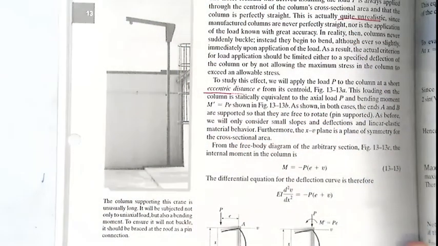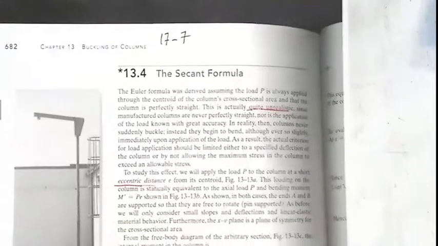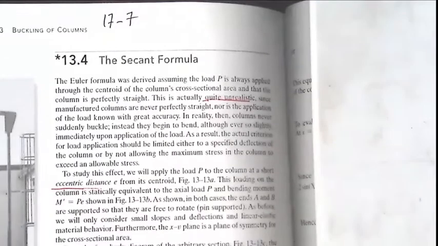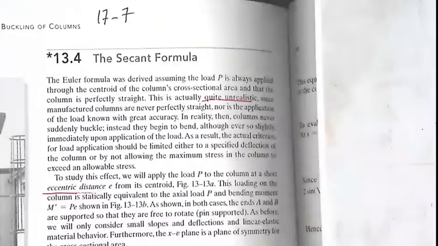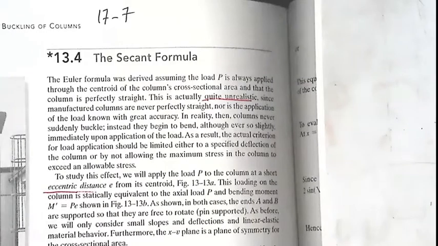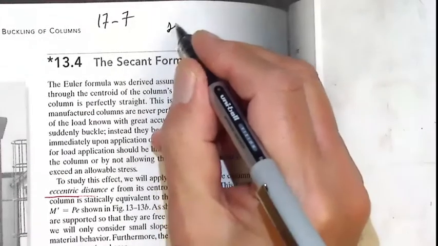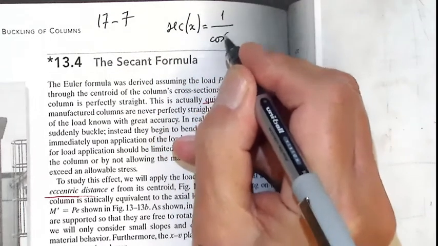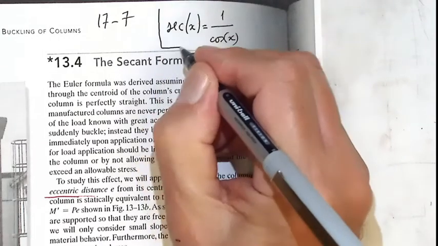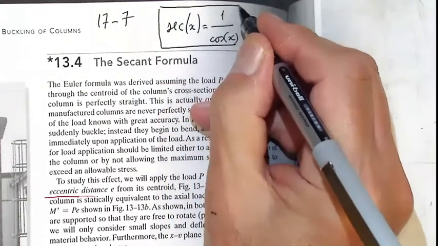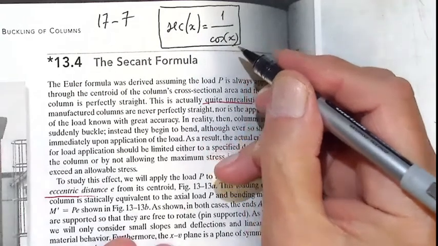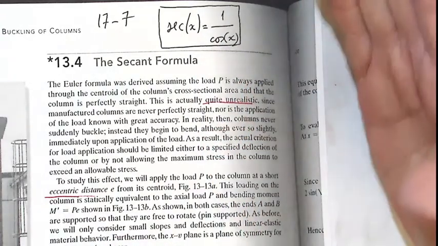Okay, but the main thing is that we are dealing now with a non-ideal situation. That is the secant formula. Secant is a function: sec x is 1 over cosine x. So there will be something like this in our analytical derivation, this secant function.